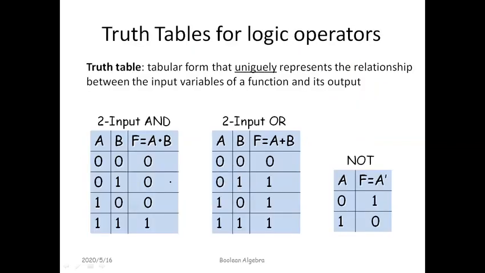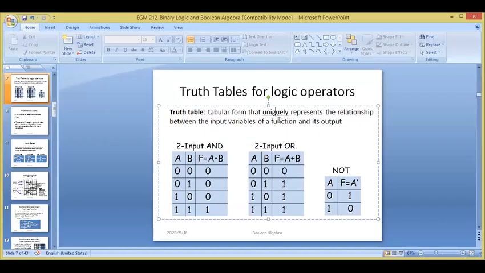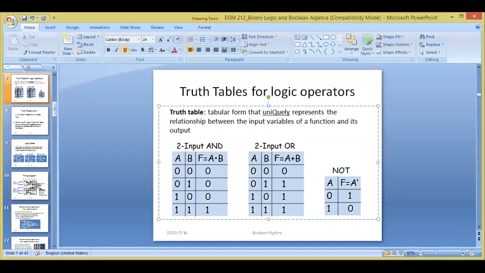Okay, let's move to truth tables for logic operators. We've already introduced truth tables. We talked about them on the first slide. So a truth table is a tabular form that uniquely represents the relationship between the input variables of a function and its output.